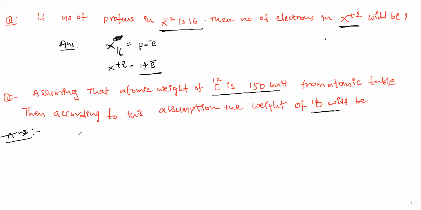So 12 AMU, C12 AMU, equals 150 units. Then 1 AMU is how much? 150 by 12.